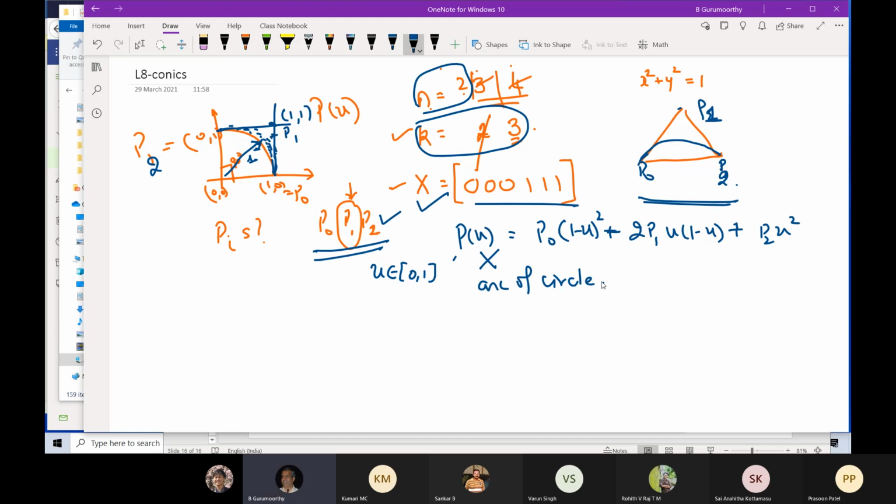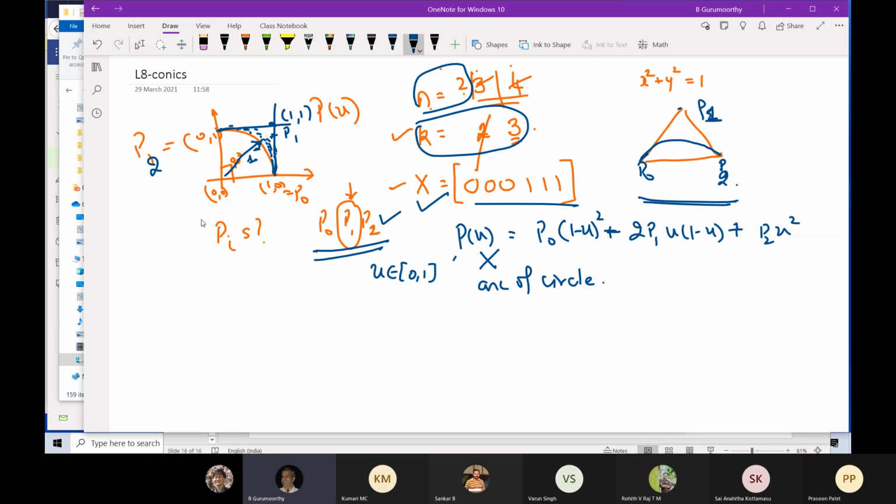So the first question is why? We are not going to spend too much time on that because part of the answer will come as we go forward. The next question is, how can we get a representation for the circle which is somewhat similar to this, so that I can have a single representation?